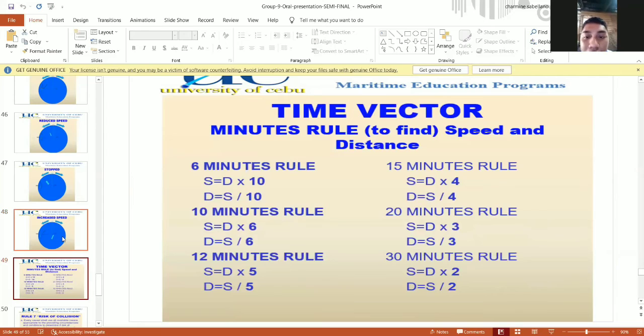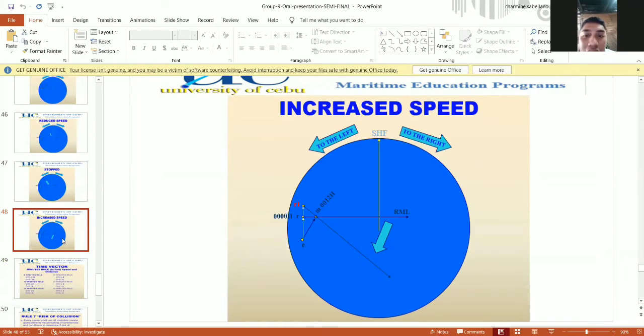So increase in speed. As you can see, it is moving on its right by increasing its knots. So next slide, please.